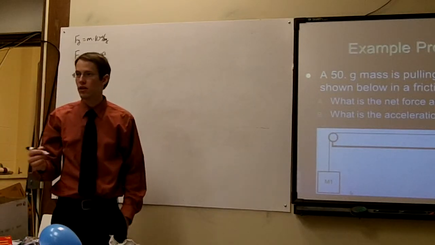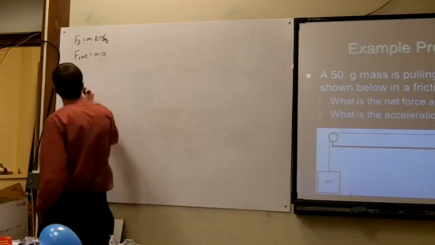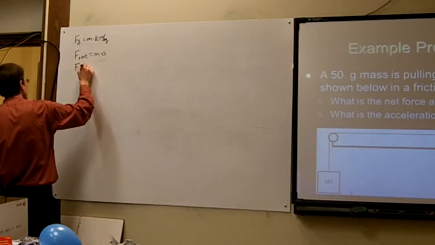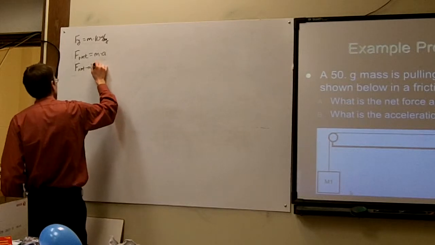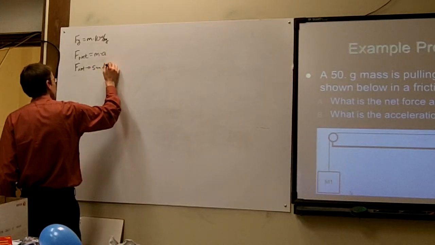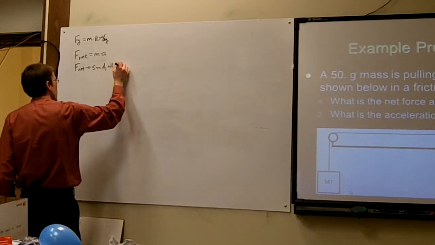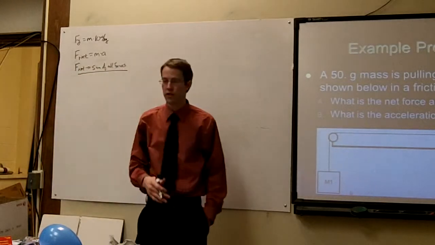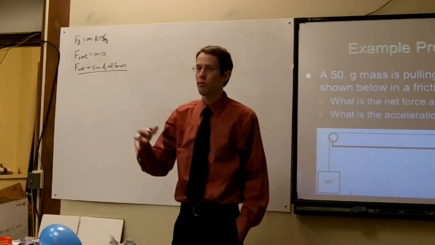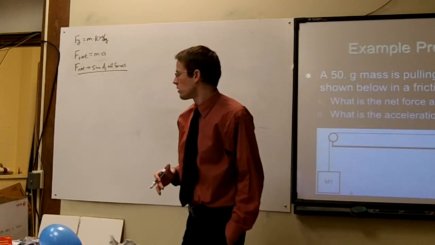Force net is the sum of all forces. I'm going to be saying this day in and day out for the next week. You're going to get sick of it. It's a mathematical thing. It's not just a words definition. It's a mathematical thing that comes from our force diagrams.